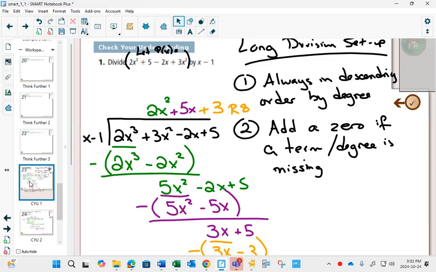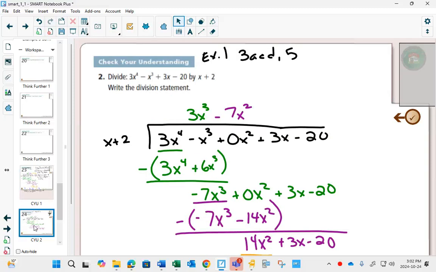In our question, notice it has x to the 4, it has x cubed, it has x and it has 20, but it doesn't have any x squareds. The original question has no x squared, so we had to add a 0 to hold the space for that. Because when we do our math in the purple, we get an x squared, and we need to subtract it from what was above, so having the 0 there keeps everything organized.